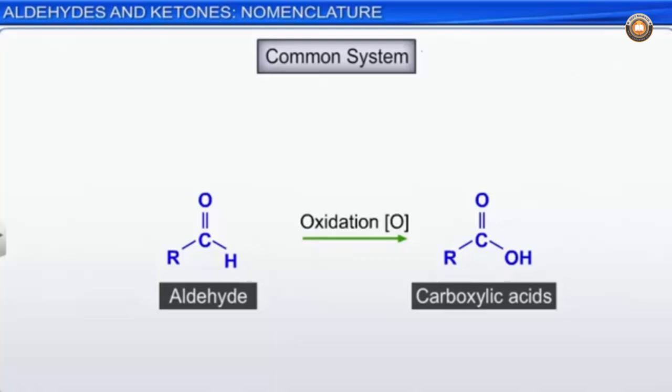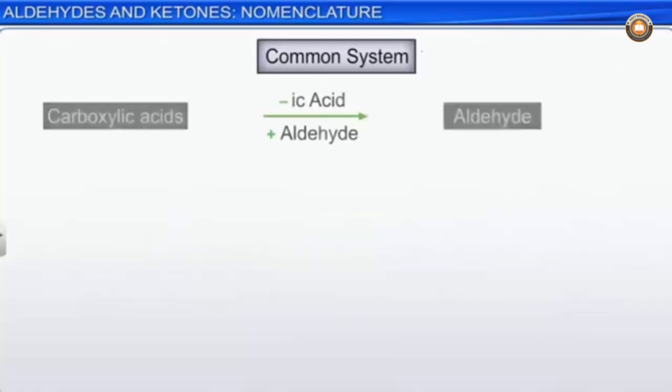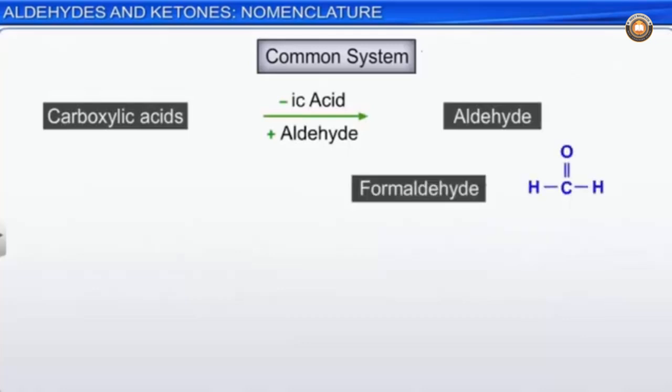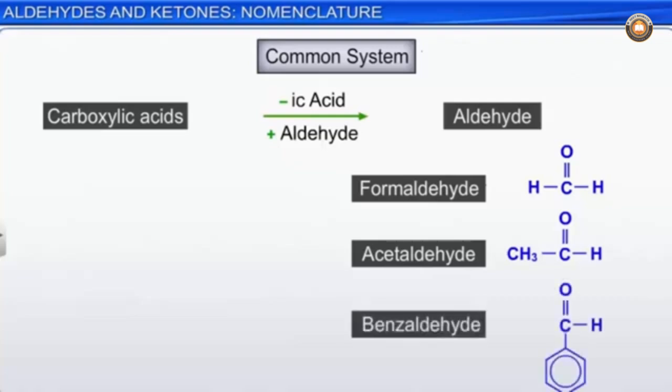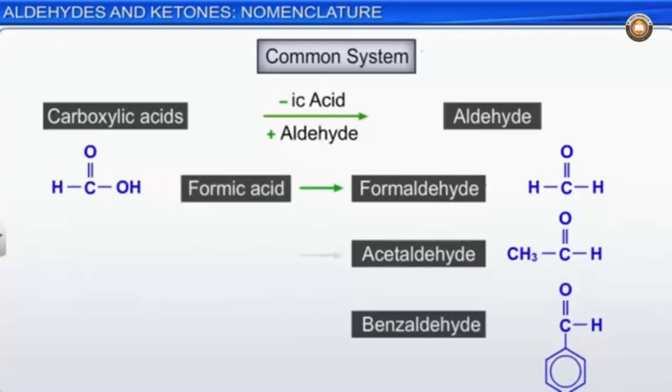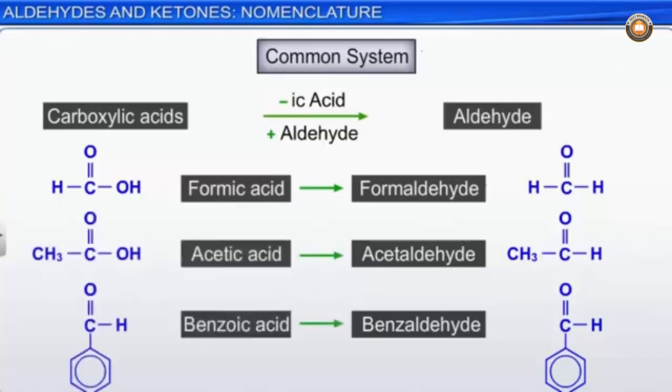They are named by replacing the ic acid of carboxylic acid by aldehyde. Thus, the aldehydes formaldehyde, acetaldehyde, and benzaldehyde are named after formic acid, acetic acid, and benzoic acid respectively. As you can see, they are named by replacing the suffix ic acid with aldehyde.